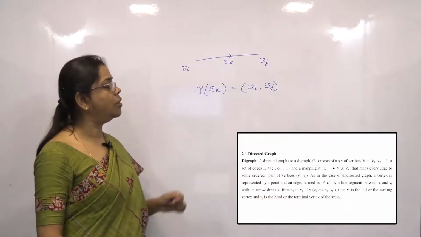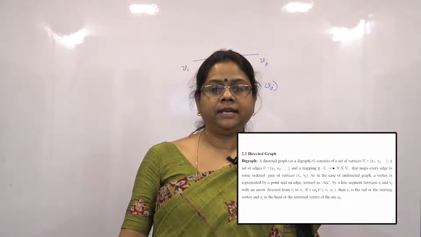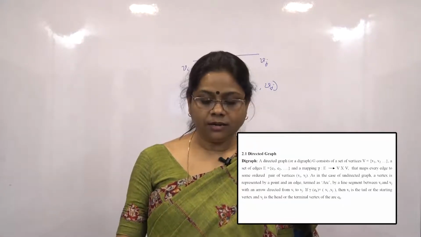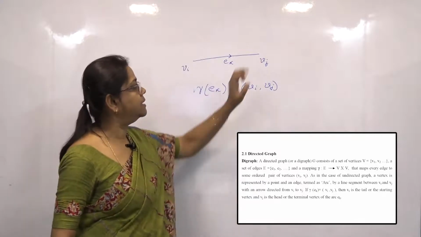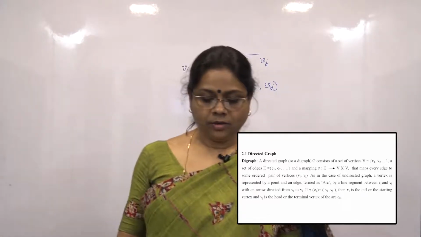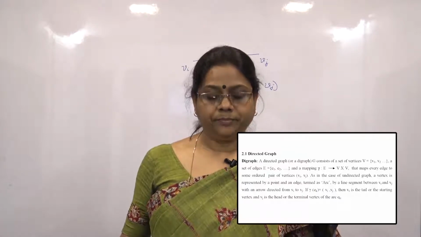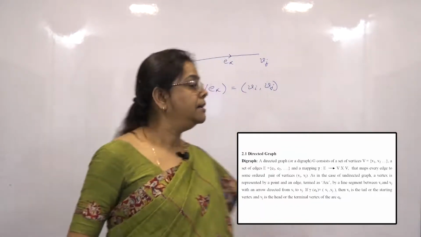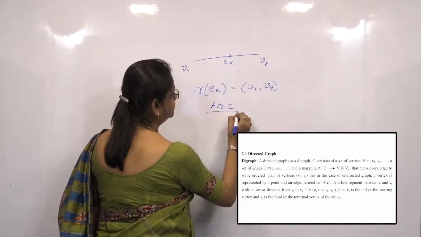And Vi is called the starting vertex of Ek or the tail of Ek, and Vj is the ending vertex or the head of Ek.